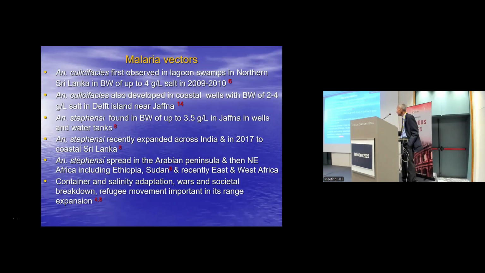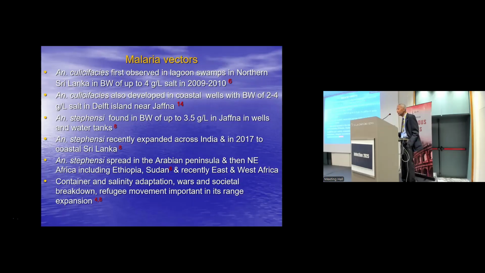Anopheles stephensi was first detected in Sri Lanka in 2017, having expanded from India. I think it's probably true it was not detected previously, and there have been pretty good entomologists there. Stephensi spread to the Arabian Peninsula, then Northeast Africa, the Horn of Africa, and then more recently East and West Africa within a couple of years.